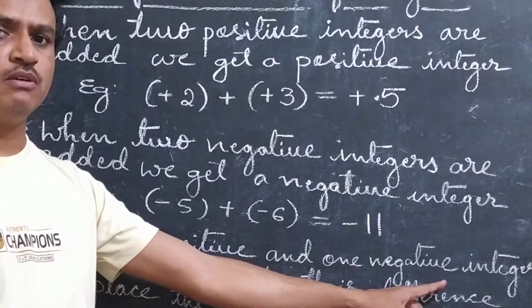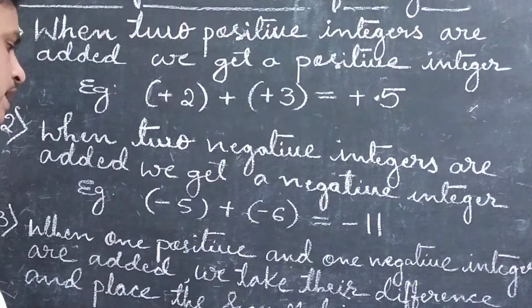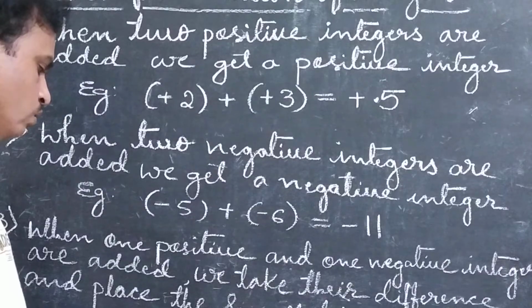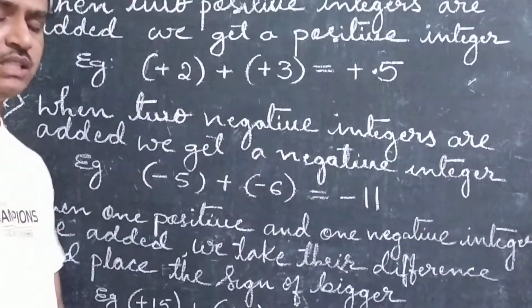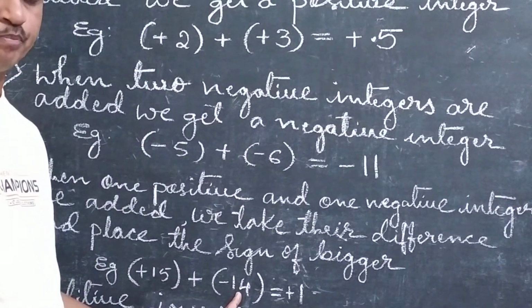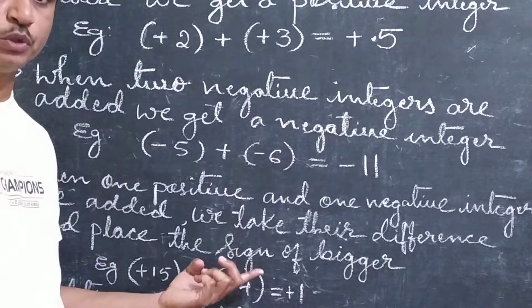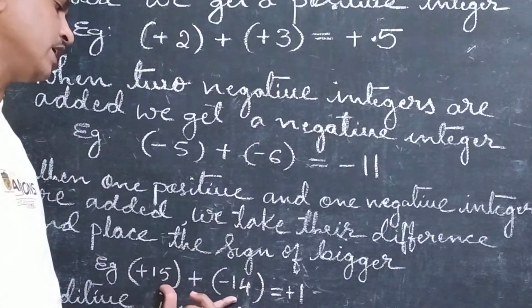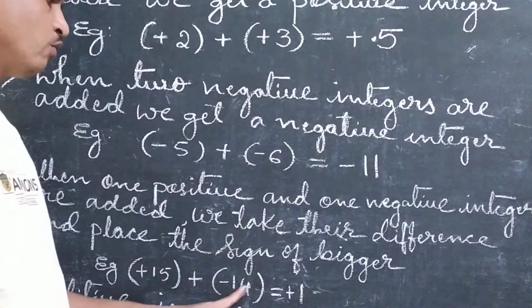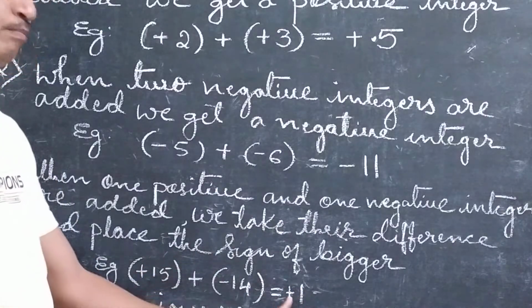That means first we have to subtract and place the sign of the bigger number. For example, here one is positive, another is negative: plus 15 and minus 14. What should we do? First we make the difference of these two numbers. 15 minus 14 is 1. The biggest number's sign is positive.